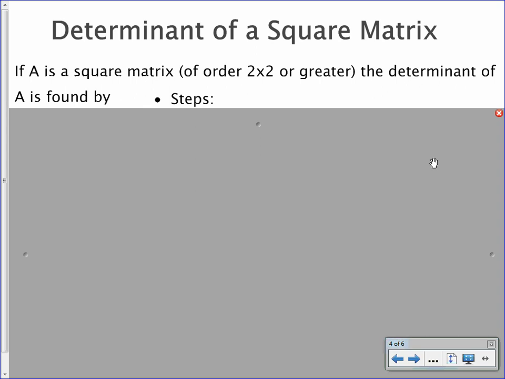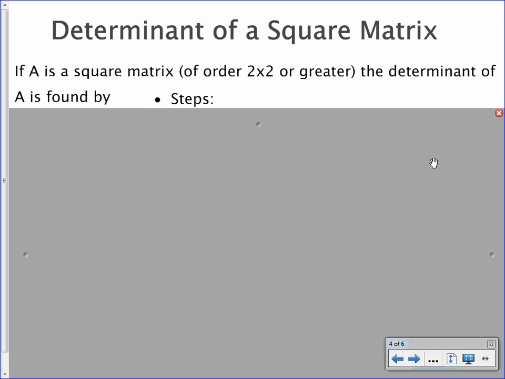Here we're going to work on determinants of larger than 2 by 2. Really, we're only going to focus on 3 by 3 matrices, but this is a process that can be done for any square matrix.